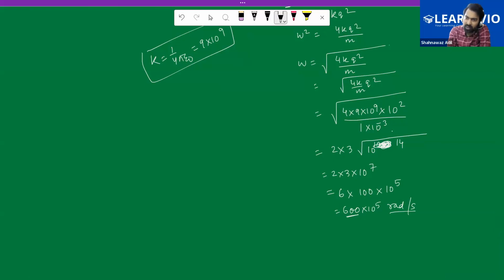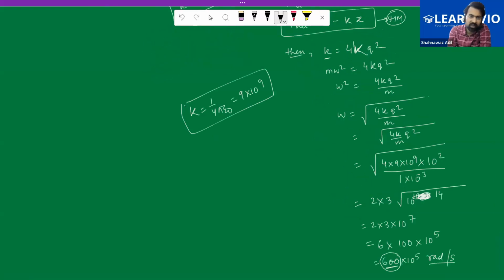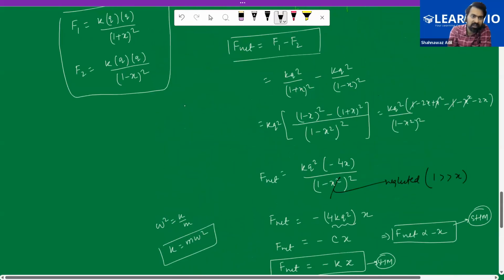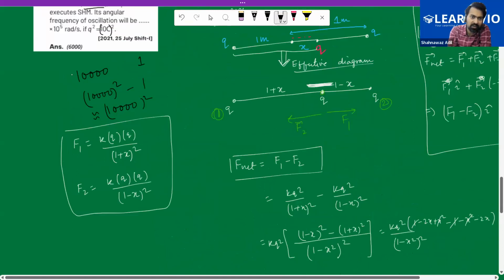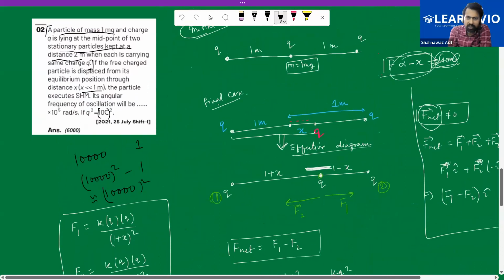This is 14, so this is 7. If I'm doing it correctly, this answer should be 600, not 6,000. So there is something wrong in this one.